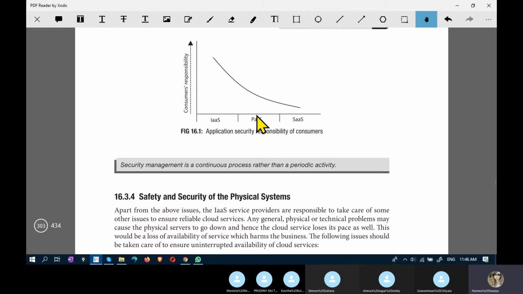It is shared equally with the provider. So at IaaS level, consumer responsibility is too high. Why? Because the consumer is trying to use the physical computing services provided by the CSPs, means cloud service providers.